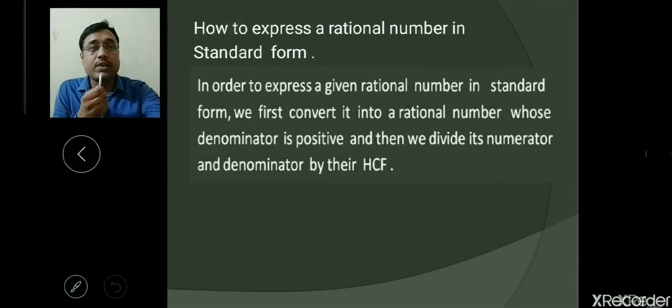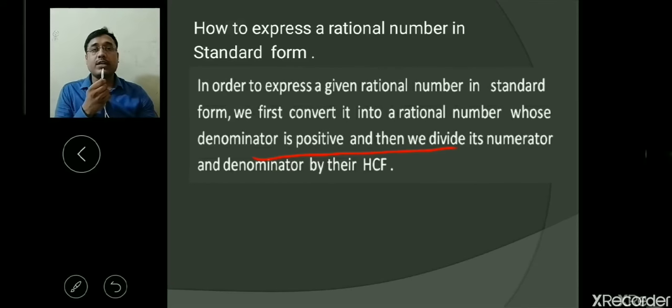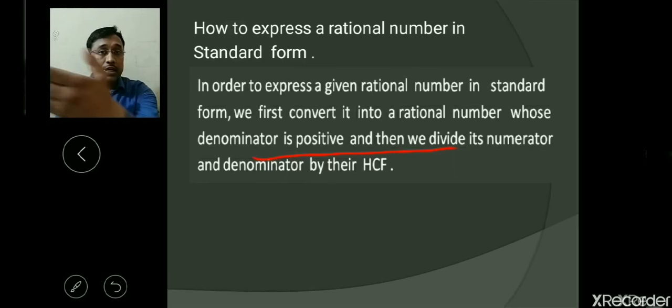In the previous step I have already said that if the denominator is negative, then convert it into positive by sending the minus sign to the numerator place. So your first work is to convert it into a rational number whose denominator is positive.